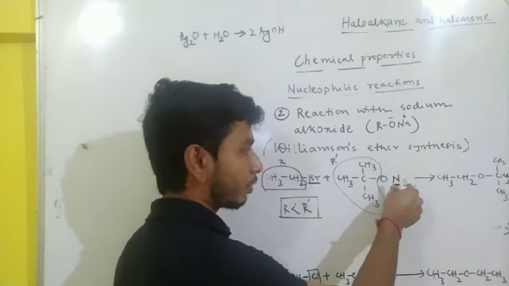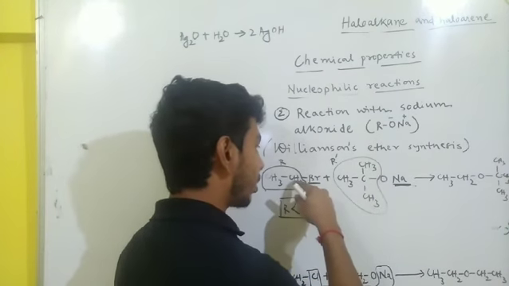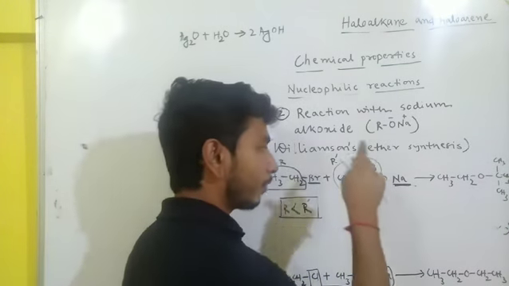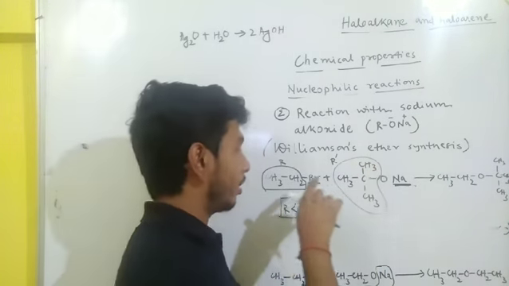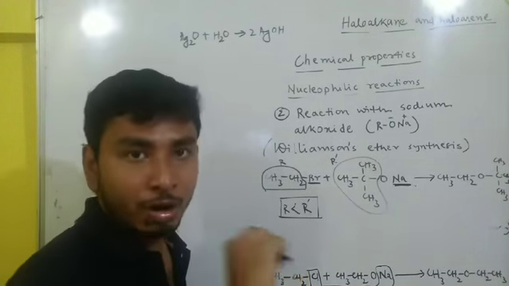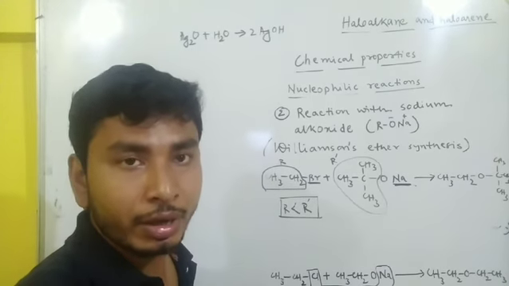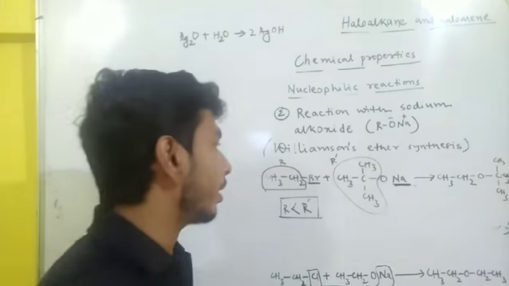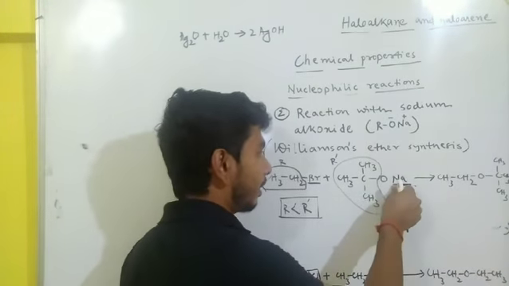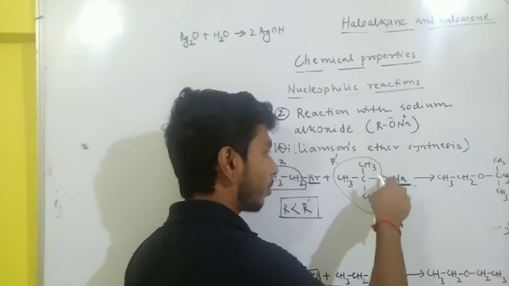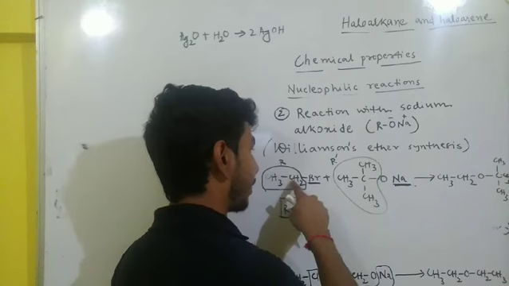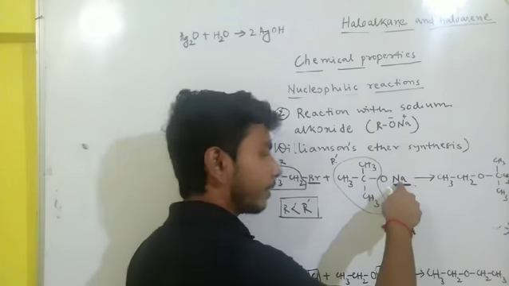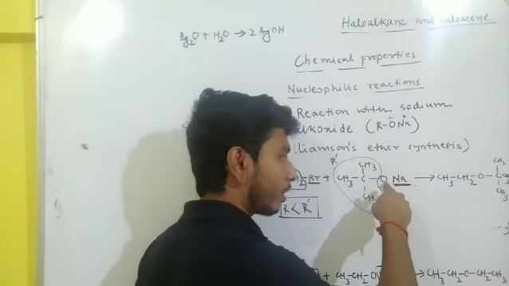Always the bond is formed on the side where some group is eliminated. So sodium is eliminated, so the bond will be formed with the oxygen, not with the carbon.